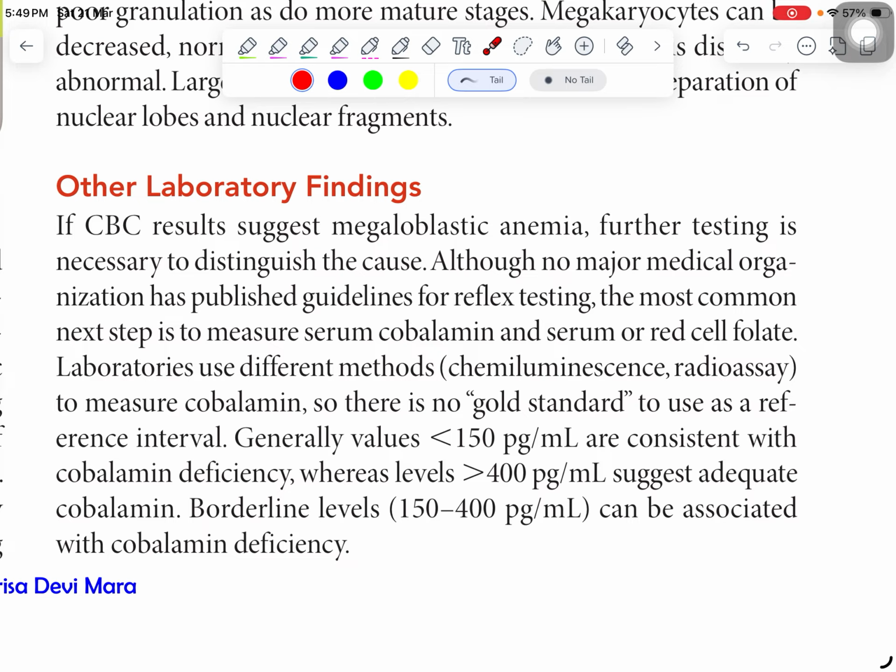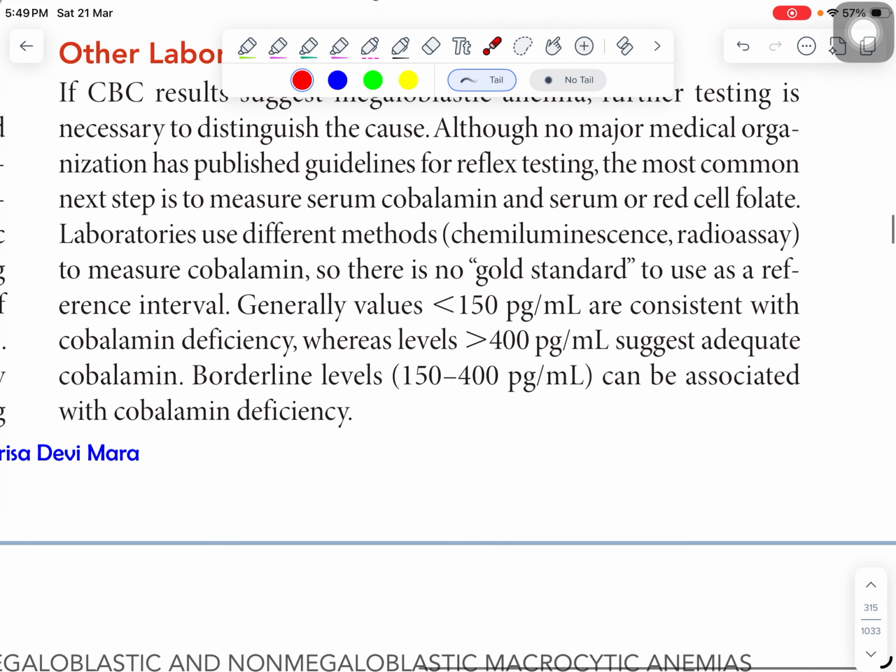The common next step is to measure the serum cobalamin and serum red cell folate. Laboratories use different methods, such as chemiluminescence radioassay, to measure the cobalamin. There is no gold standard to use as a reference interval. Generally, values less than 150 picogram per ml are consistent with cobalamin deficiency.